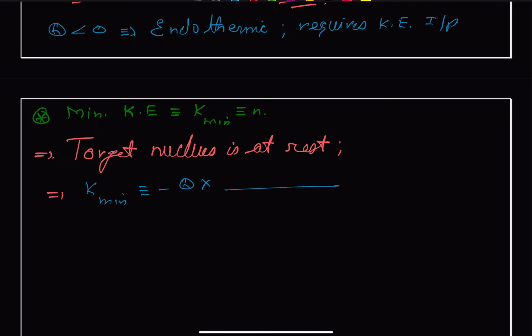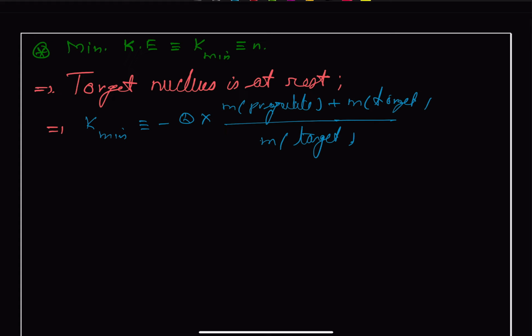So let me write the formula first of all. This will be mass of projectile plus mass of target, and whole divided by mass of our target.